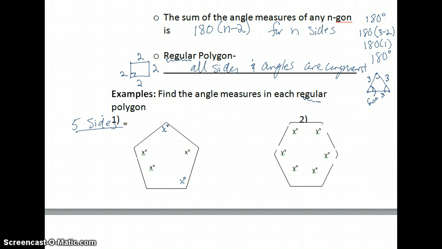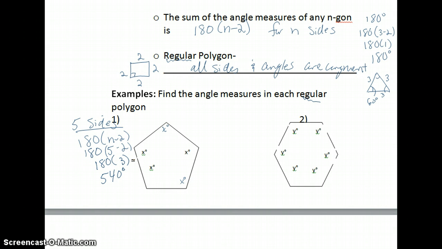So for 5 sides, using our formula from above, we say 180 times the quantity n minus 2. And since we have 5 sides, it's 5 minus 2. Still have 180 here. So we have 180 times 3, which is 540 degrees.